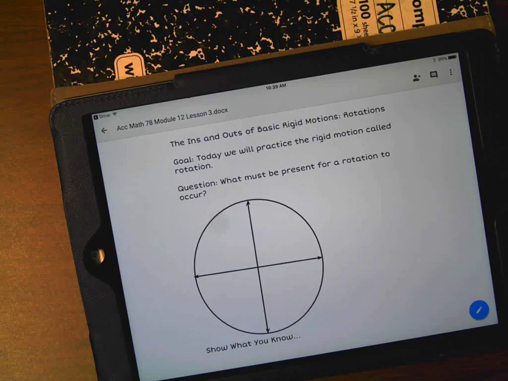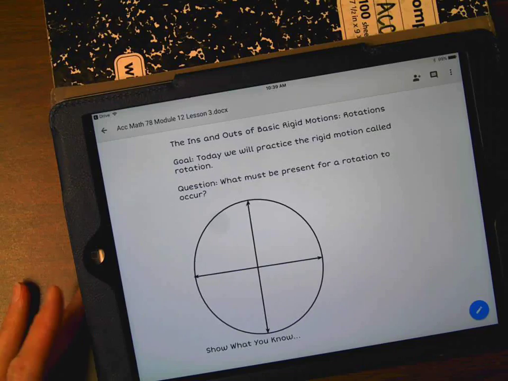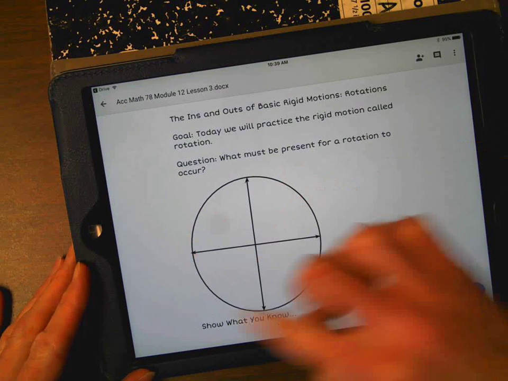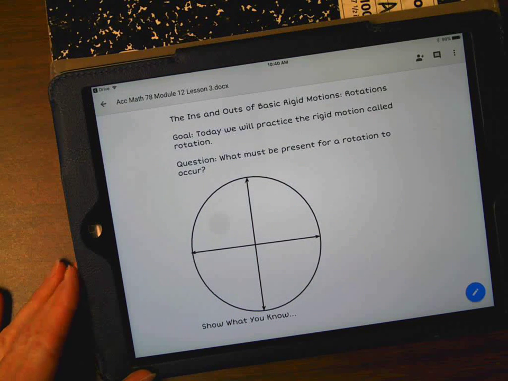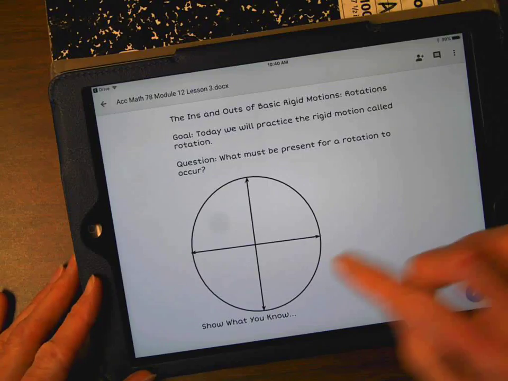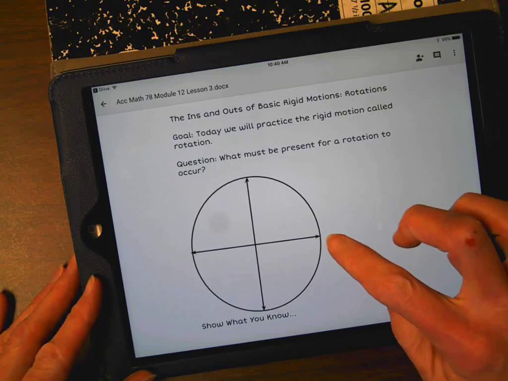The question that I want you to be thinking about during this lesson is, what must be present for a rotation to occur? Now, something that I want you to look at is, this is a circle, okay? And we call it a unit circle because it has been divided into the 4 quadrants. What you need to know is you need to be able to tell me if we tell you that right here on the circle is considered 0 degrees.